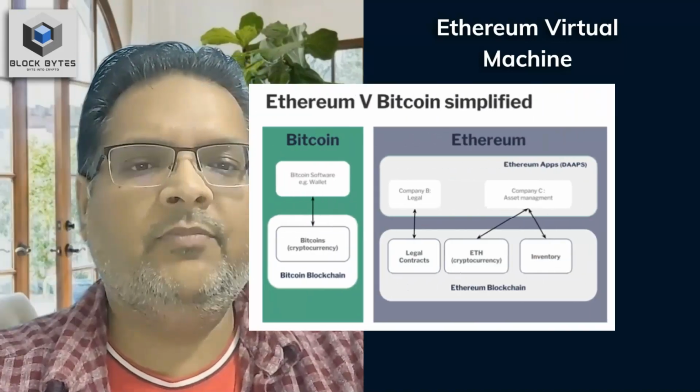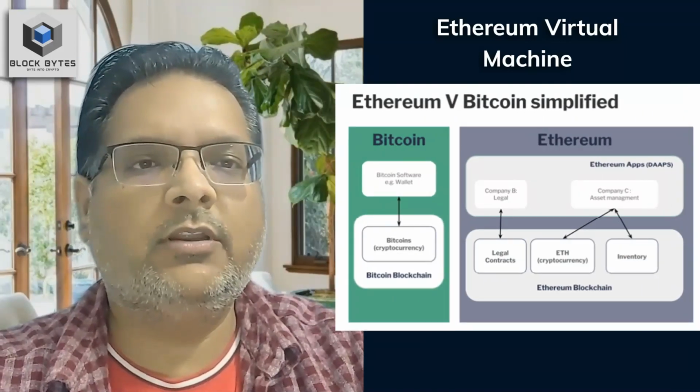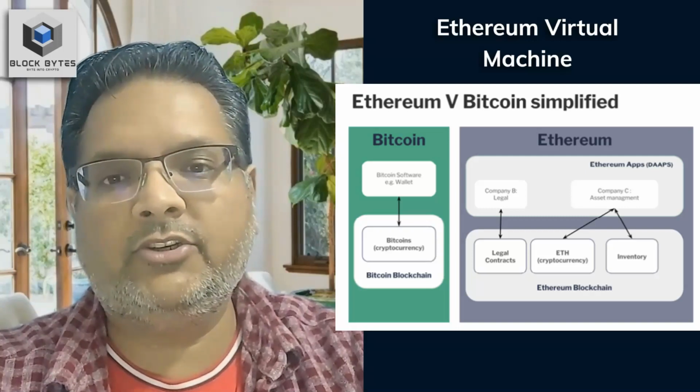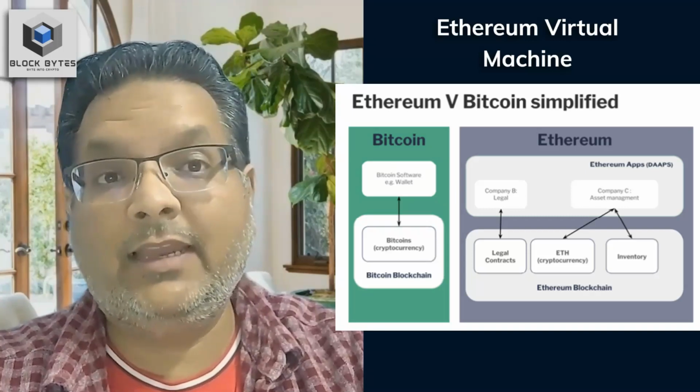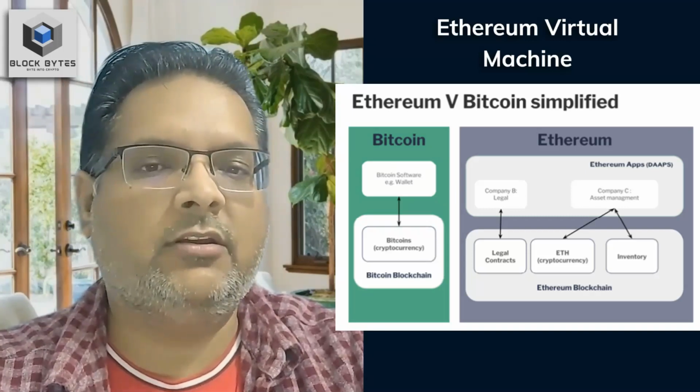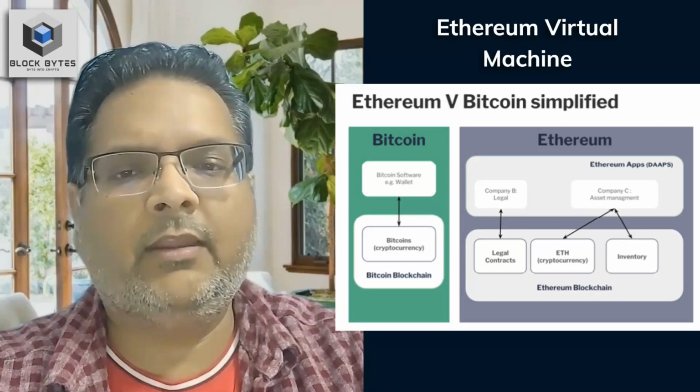Let's start by understanding what an EVM is. EVM stands for Ethereum Virtual Machine and is at the heart of the Ethereum blockchain. The need for having an EVM arose because, unlike Bitcoin, Ethereum is much more than just a distributed ledger, as it supports not only users but applications which interact with each other and with the users.